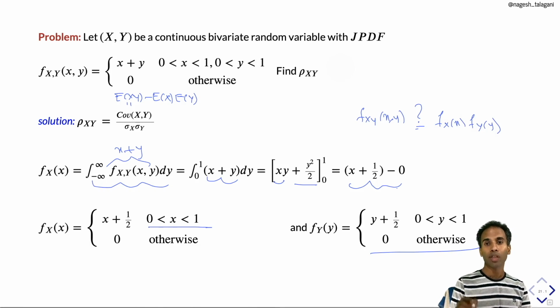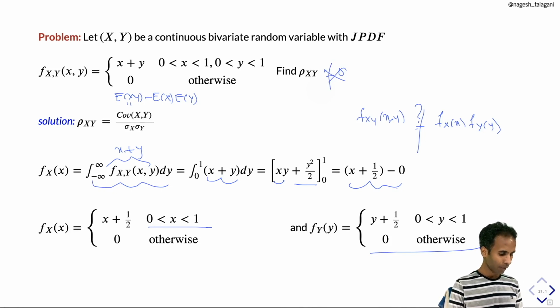In that case, you can conclude the problem saying that the correlation coefficient is 0. You don't have to do anything else. But that is not the case in this problem. Here, the joint PDF is not the product of the marginal PDFs. That means X and Y are not independent here. So the correlation coefficient is not going to be 0. We have to find it out.